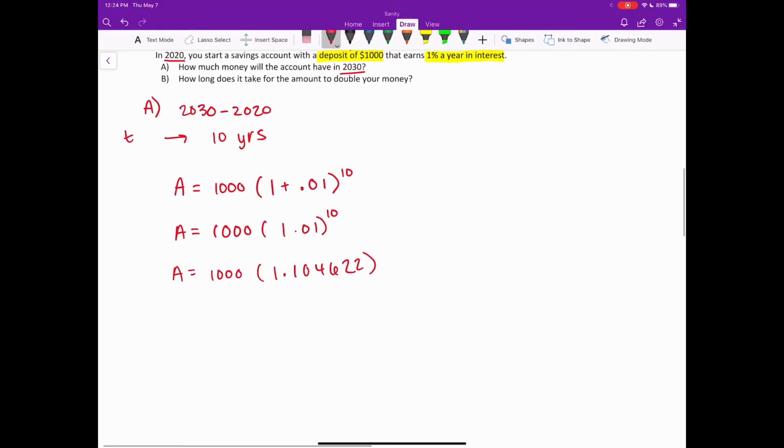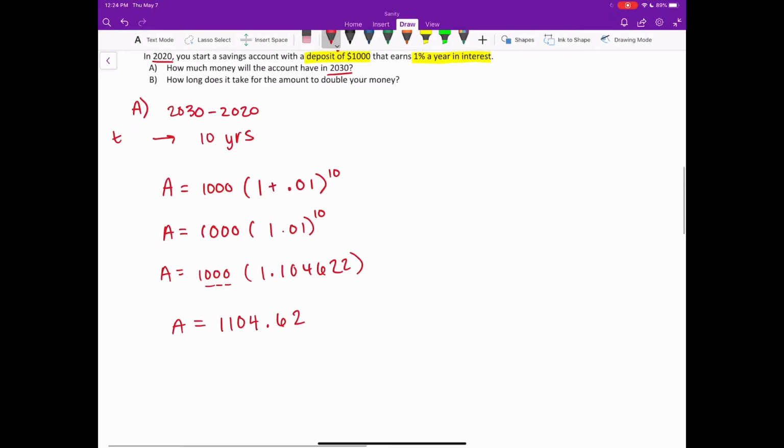And then I can take that answer and multiply it by the 1,000, which essentially is just moving the decimal place over 3 spots since I'm multiplying by a power of 10, right? So my answer here is going to be, after 10 years, you have earned $104.62 in interest, all right?